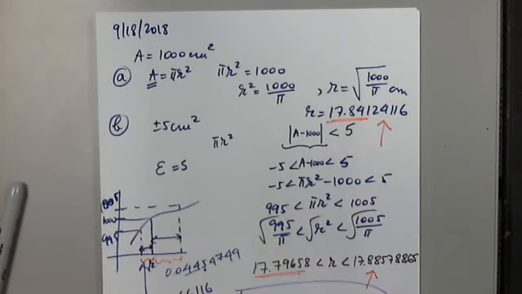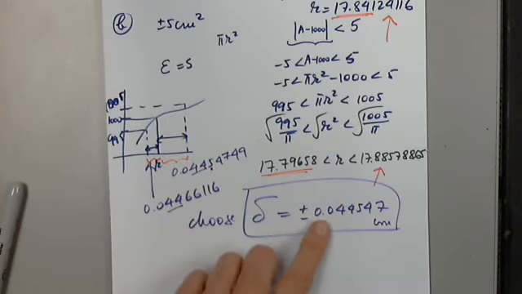Exactly, 17 point something. Perfect. What is L? 1,000. Okay. What value of epsilon is given? 5. Very good. What is the corresponding value of delta? Really small. 0.044547. Very nice. Good problem.